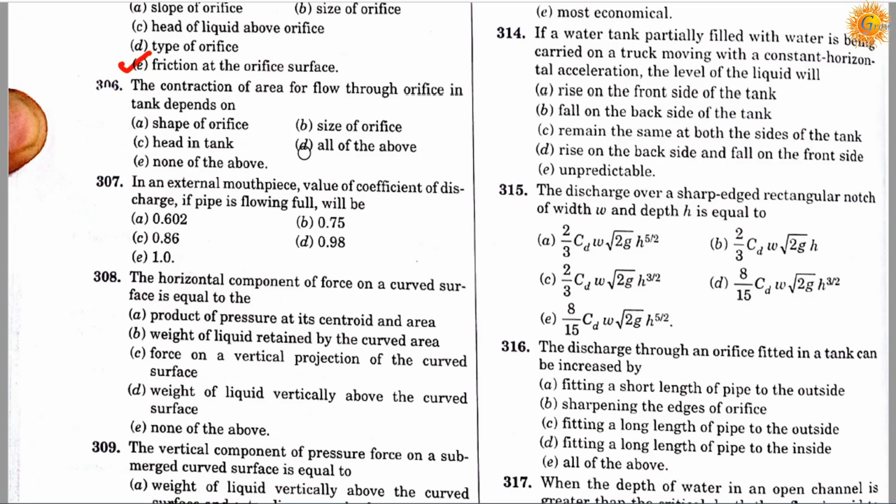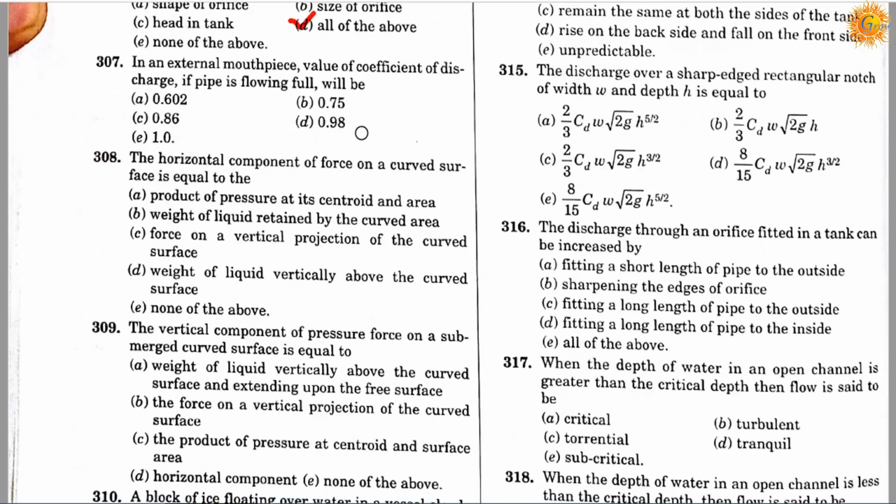So the correct answer is D, all of the above. It means the contraction of area for flow through orifice in tank depends on shape of orifice, size of orifice, and head in tank.